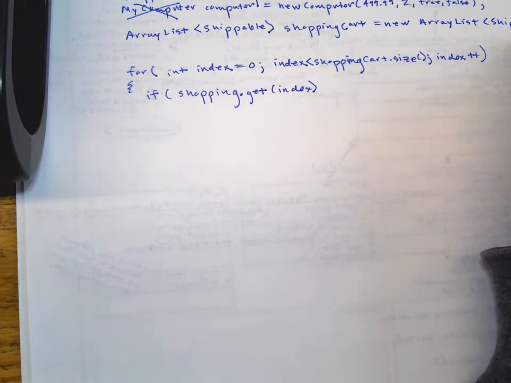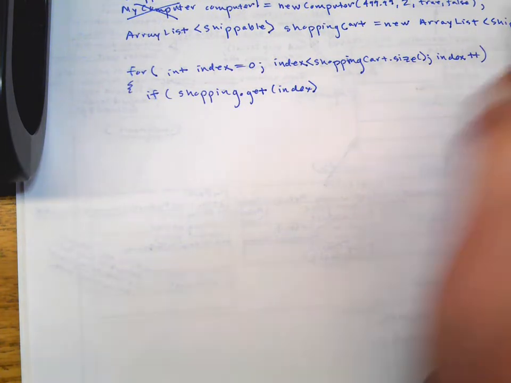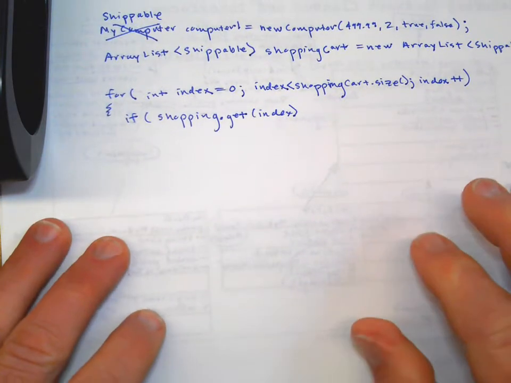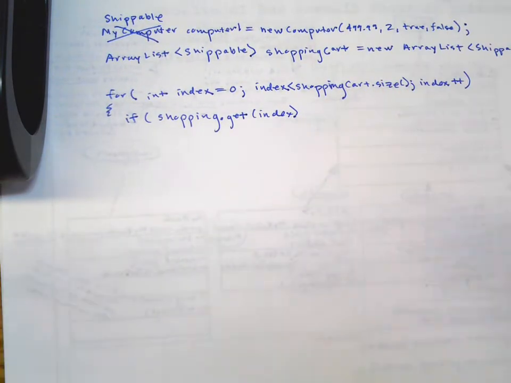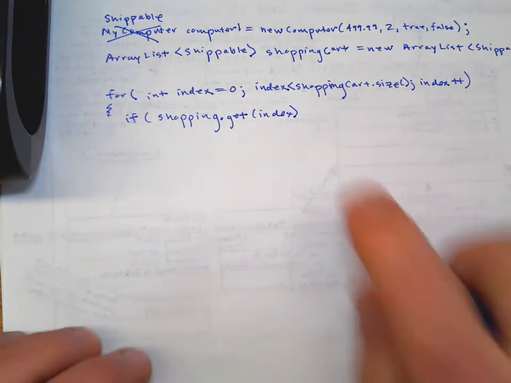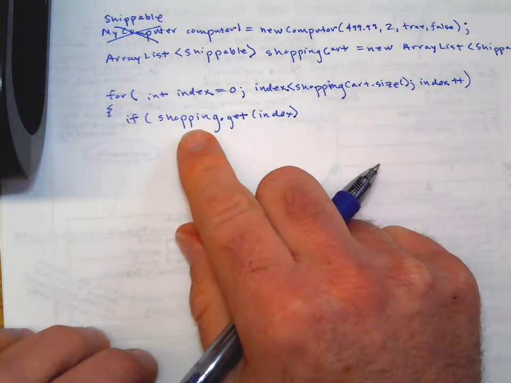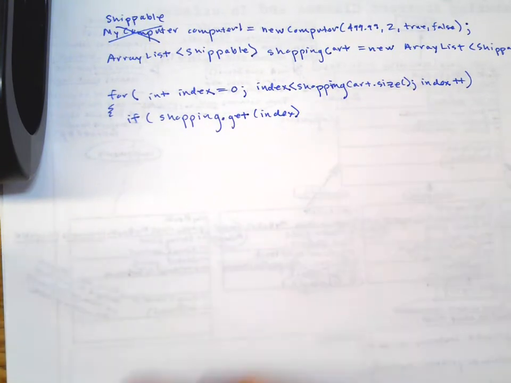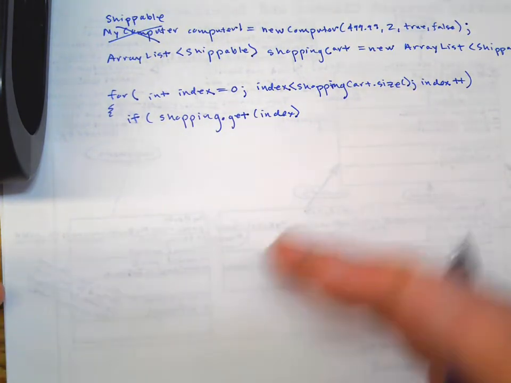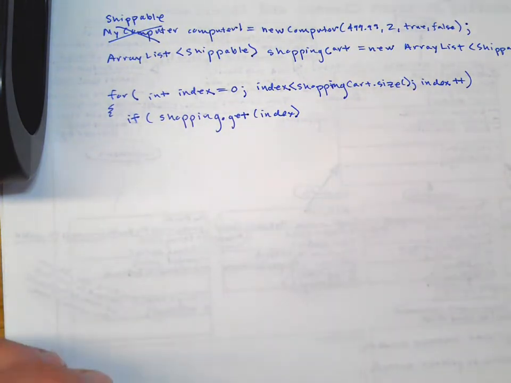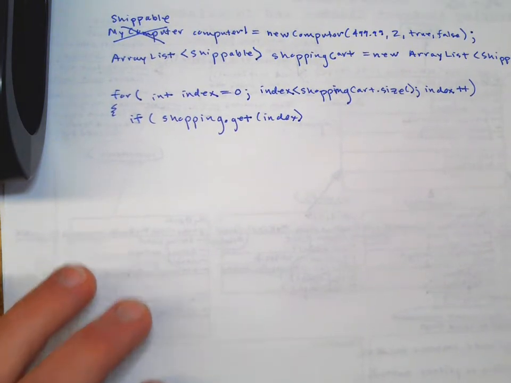Okay, so you do that, you add all your objects to the shopping cart that now holds shippable. Now, when you go through here and you get something out of shopping, even though they are different kinds of objects and polymorphism works and Java can pick the right method from the right thing, these are now all considered shippable.